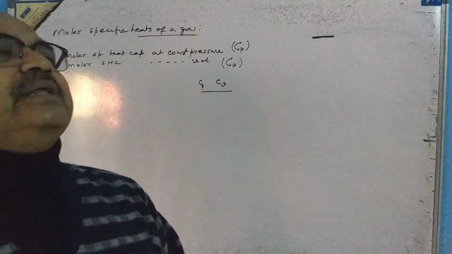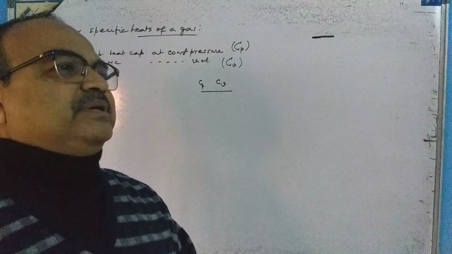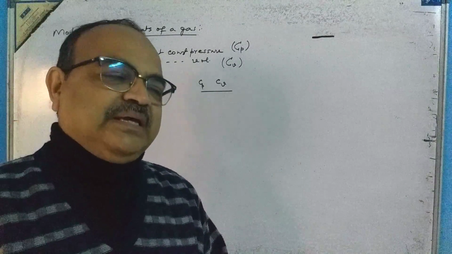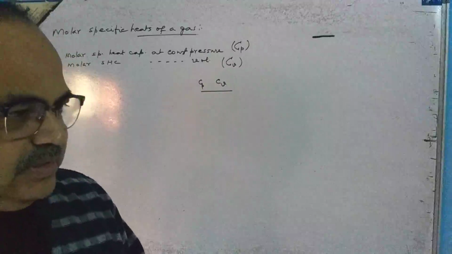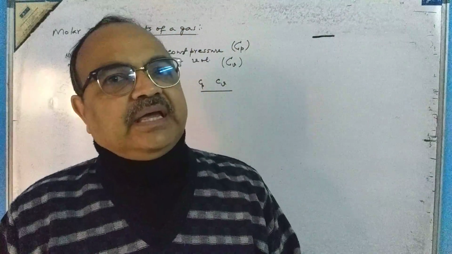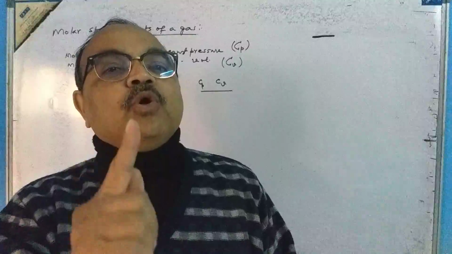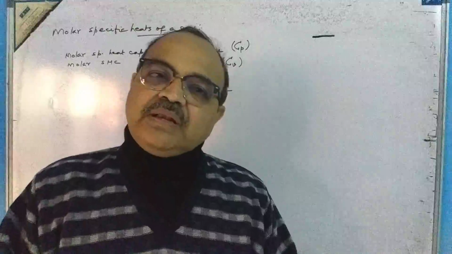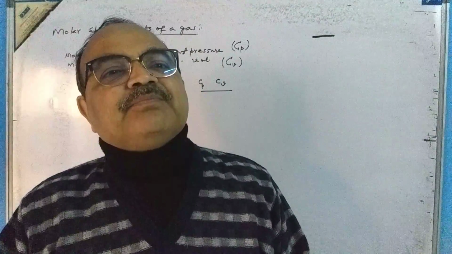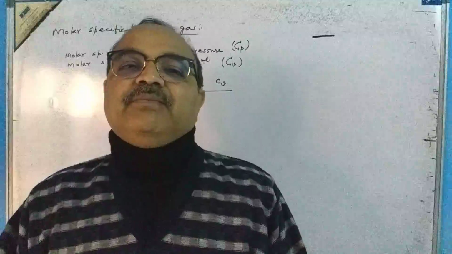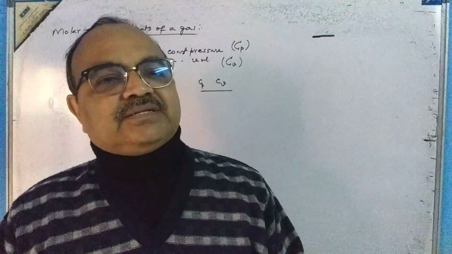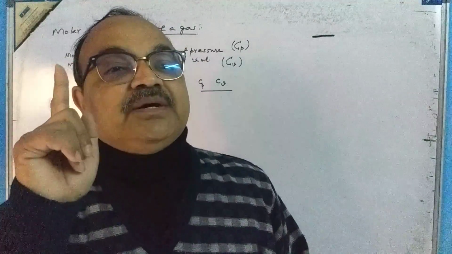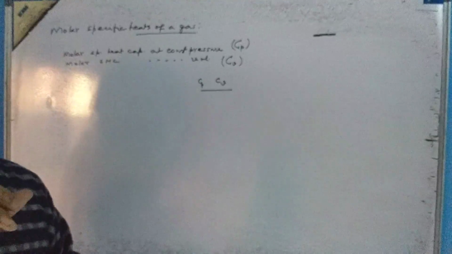It is defined as the amount of heat gained or lost by 1 mole of a gas so that its temperature rises or falls by unity at constant pressure. You got the difference?